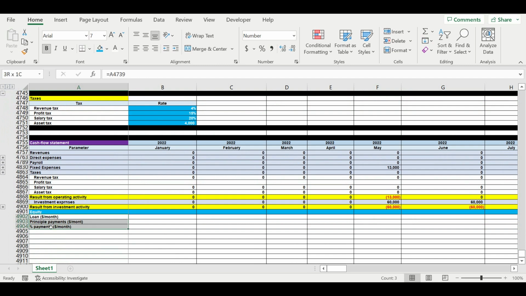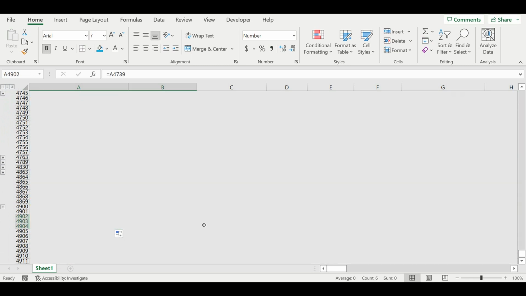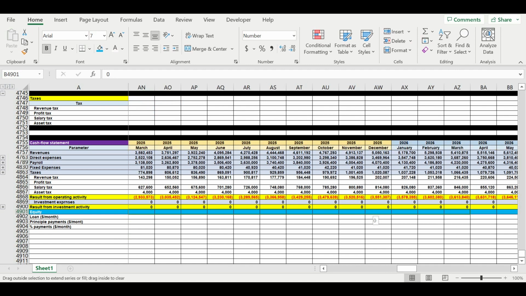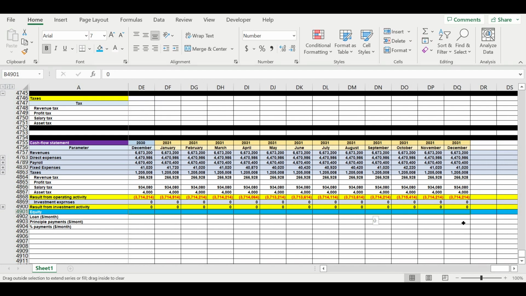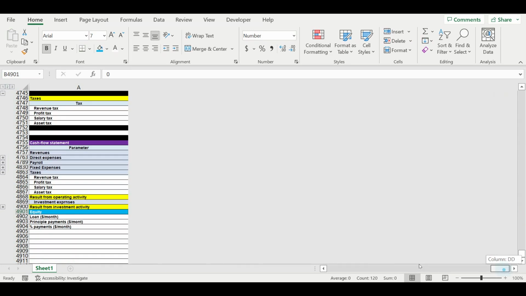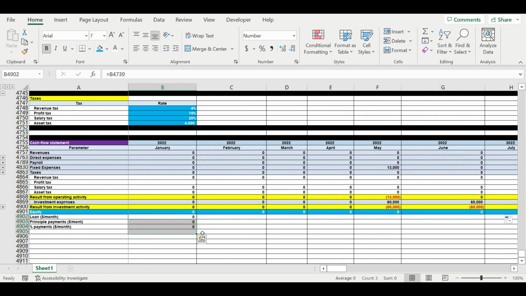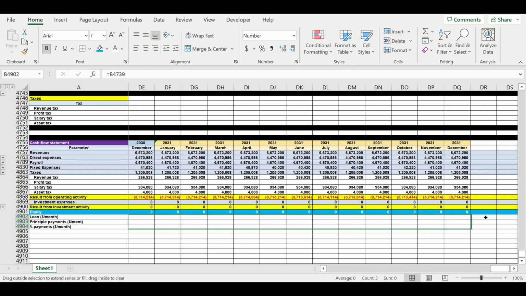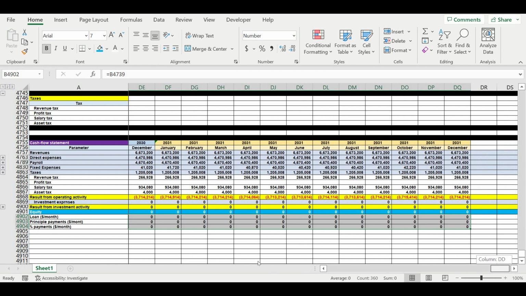Then I will extrapolate these formulas to the right. So as you can see, we don't put anything manually inside the cash flow statement. Even equity will be automated. I will show you during the next videos how you can do that.